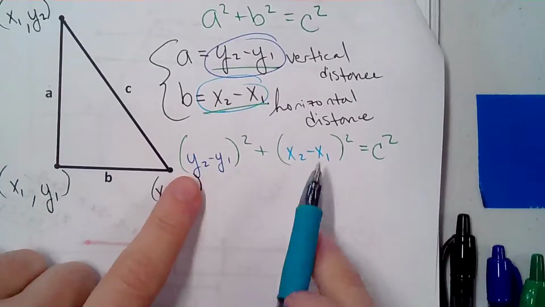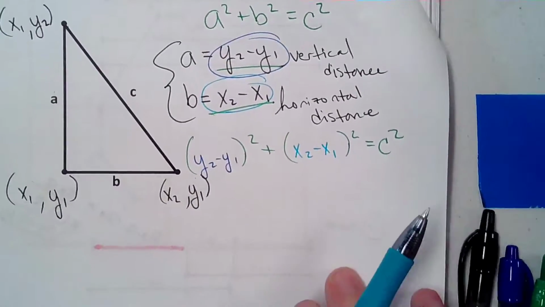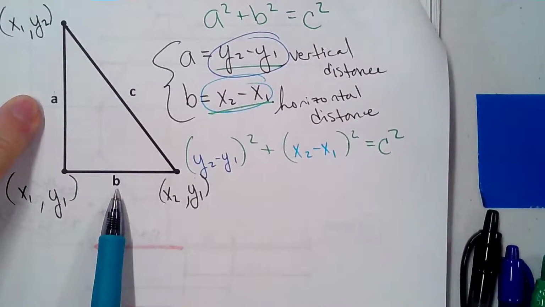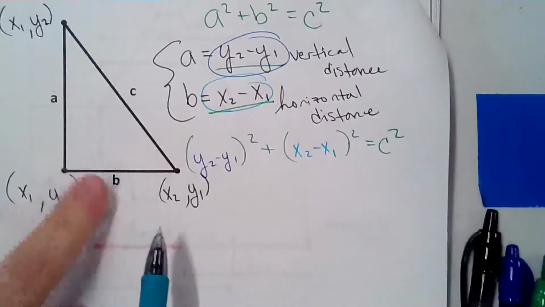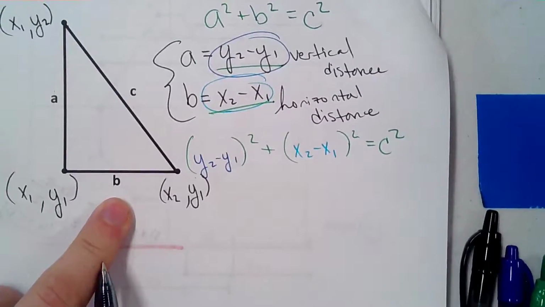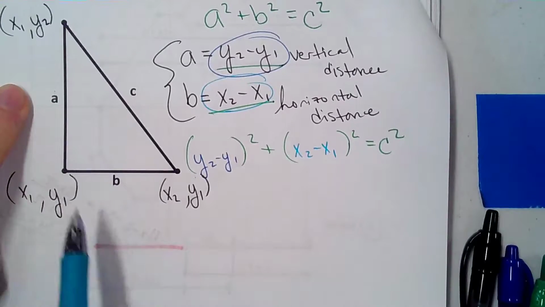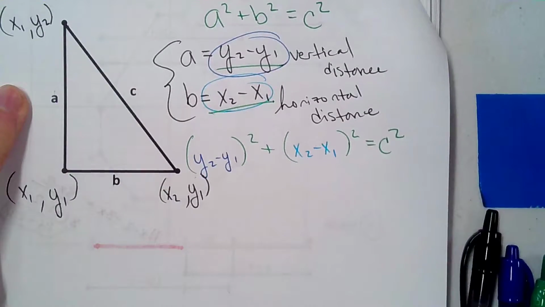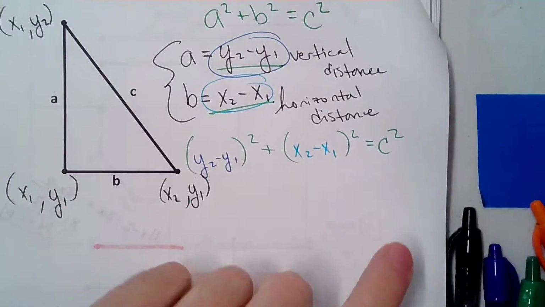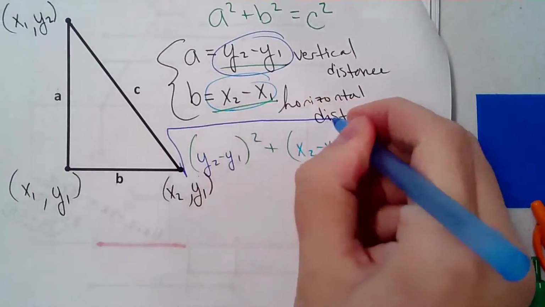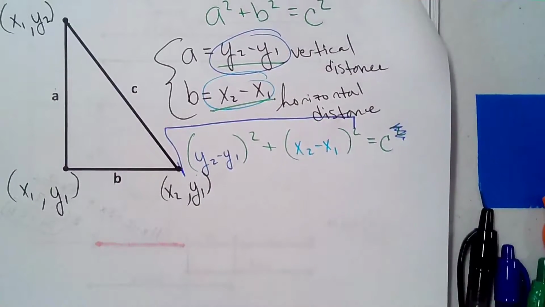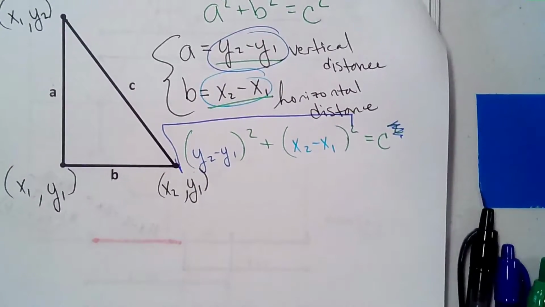This might look different than what you're used to. You're used to having the x's first, right? It's because normally I have A down here and B up there. That's the only difference. If A is down here, then we're talking horizontal values, so it's going to be the x's. If A is up here, like it is here, it's going to be the vertical values. That's all. Now, last step, we've got to get rid of that root, right? Here's what I'm going to do. Everything under the root on this side, get rid of the square on that side. Done. We've made it to this as the formula.